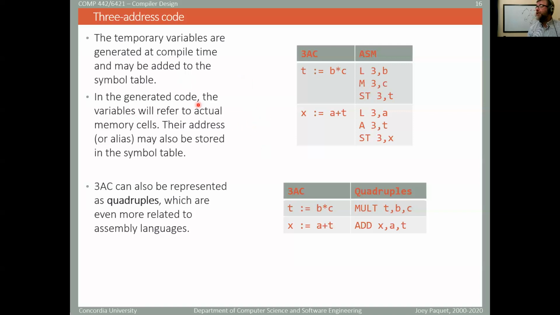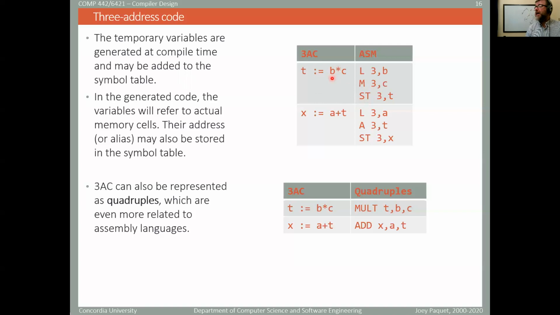So in the generated code, the variables will eventually refer to actual memory cells. So for example, if you have the three-address code as this one here, when you want to execute it, it's going to have to be translated into actual assembly language instructions of this form here, which are themselves, for example, 3 refers to register number 3.